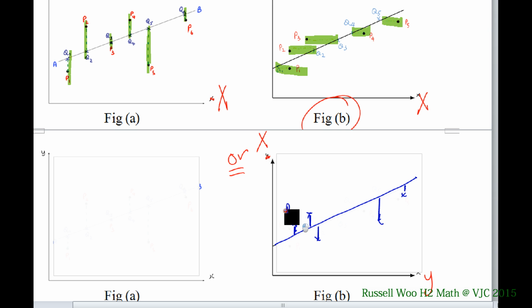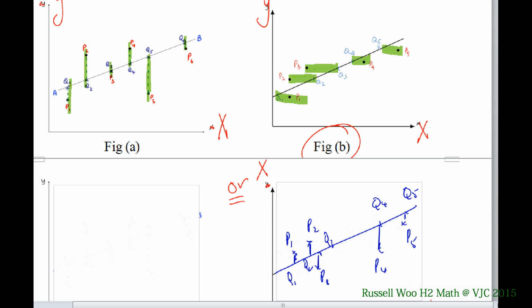That means P1, Q1, P2, Q2, P3, Q3, P4, Q4, P5, Q5. You follow what I'm saying, right? Either way works. But notice the labeling of the axis is important. Follow? Okay, whichever one you want to look at. Doesn't matter.